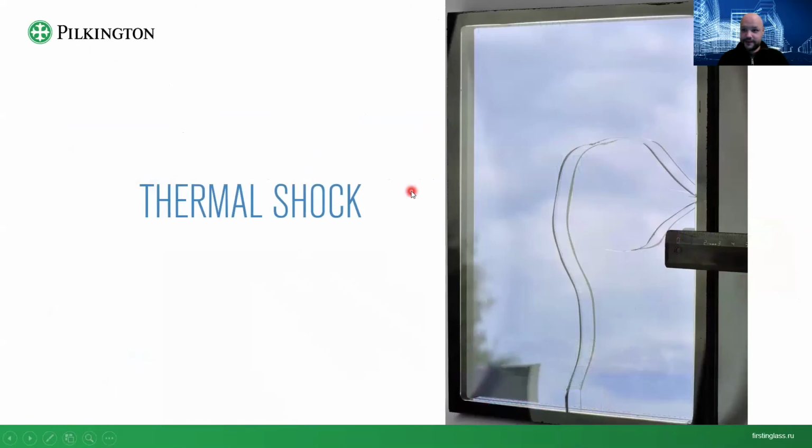Next up on the list, we will very briefly touch on thermal shock because it deserves its own webinar. But thermal shock is quite frequent in the southern parts and on residential glass, simply because for residential applications, glass is very rarely used as tempered. Okay, not very rarely, but much more frequently than for architectural IG units. So thermal shock usually looks like this.